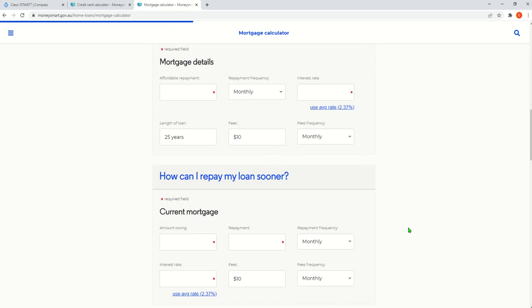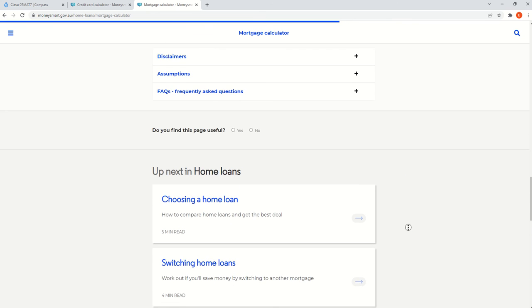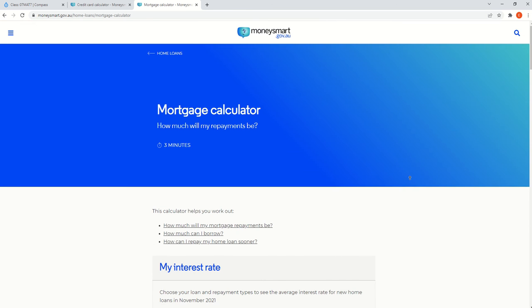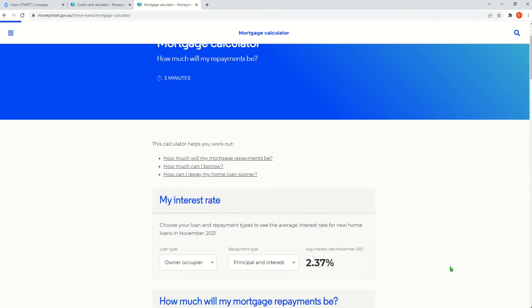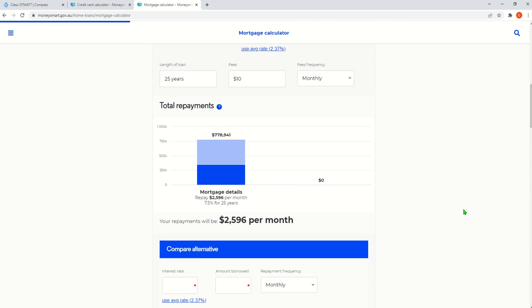So, let me do this before. Where does it say? Must say calculate or something, does it? Here it is. Okay, so it has got a graph there. Just underneath where I put that in has appeared a column graph.